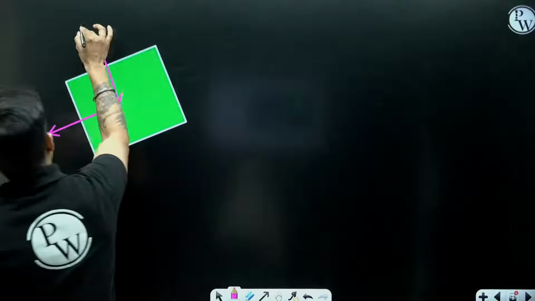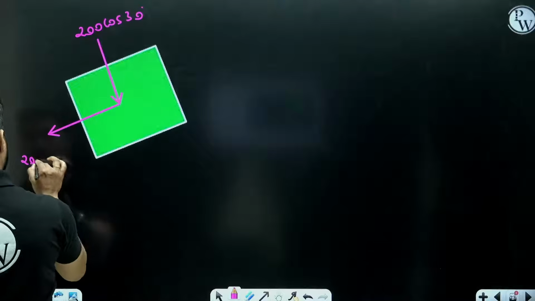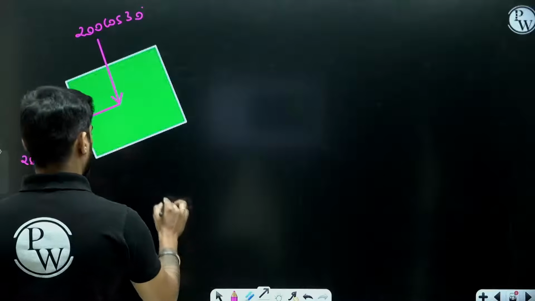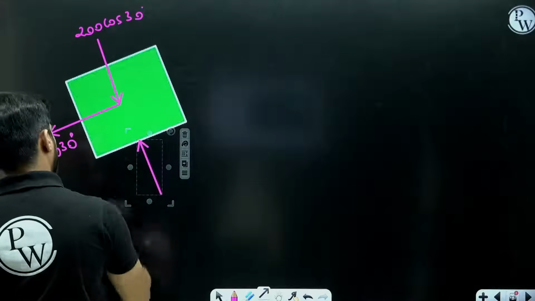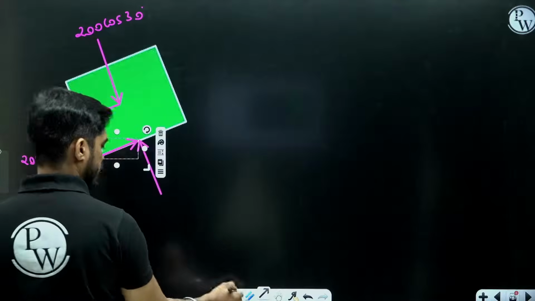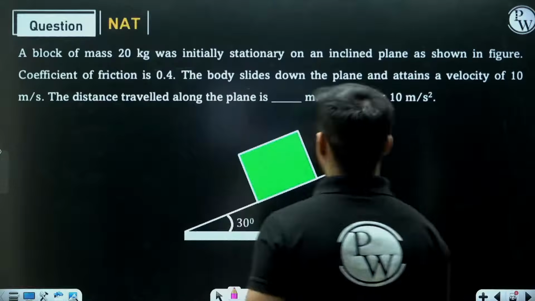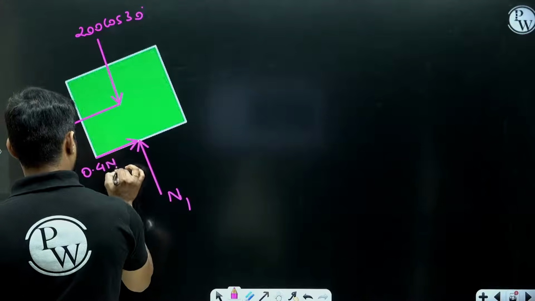This is going to be 200 cos 30. This is going to be 200 sine 30. This is going to be the normal force and it is moving downwards. So the friction force will be this. So this is going to be N1 and what will be the friction force? 0.4 N1.